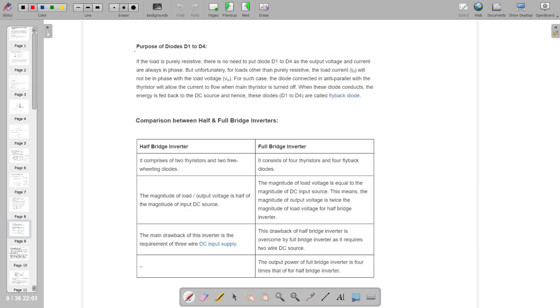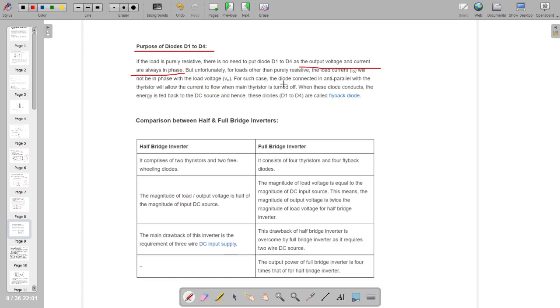So what's the purpose of diode 1 to diode 4? If the load is purely resistive, there is no need to put diode 1, diode 2, diode 3 and diode 4, as the output voltage and current are in phase. If the load is purely resistive, there is no power flow back.